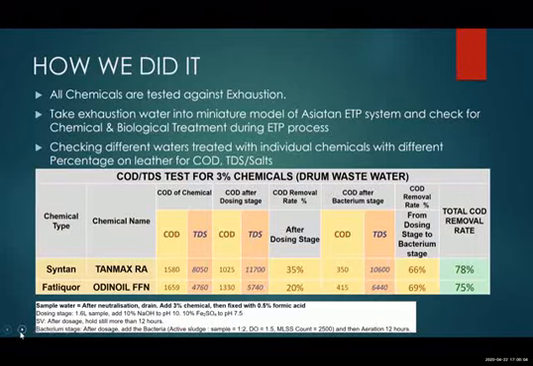This is one example, as we saw in the picture, of a syntan and a fat liquor. We run for 45 minutes after fixing. That water we take and test in our trial lab.